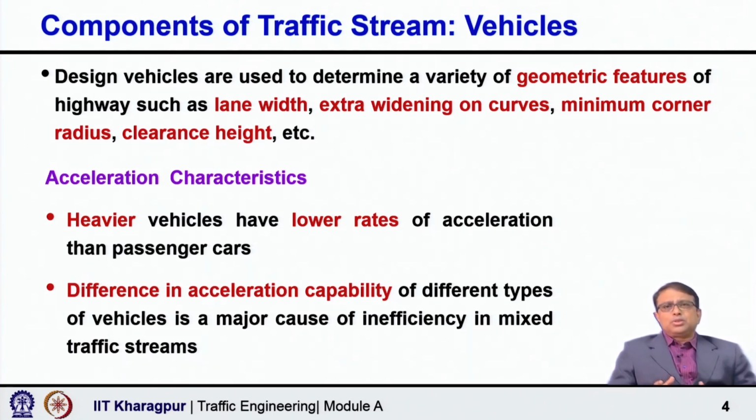Slow moving vehicles, small vehicles, big vehicles, different power weight ratios, acceleration and deceleration capabilities, they actually create a heterogeneous speed environment. So, this difference in acceleration capability is a major cause of inefficiency in the mixed traffic stream.